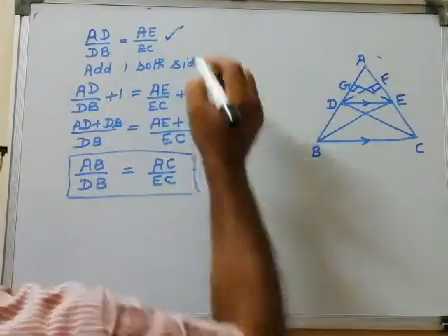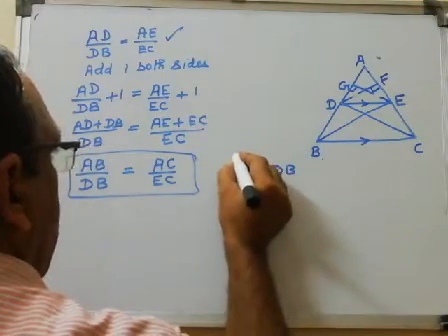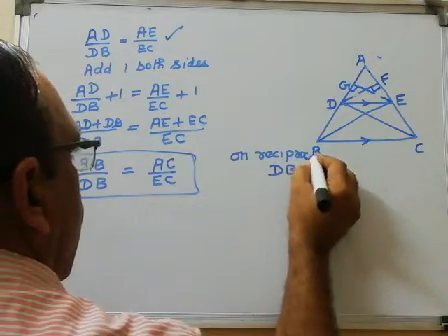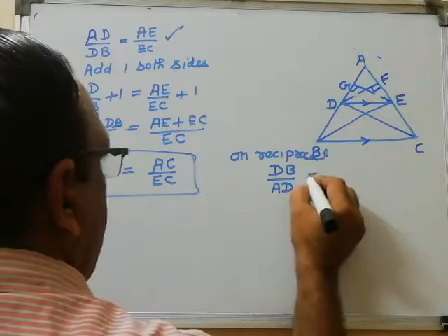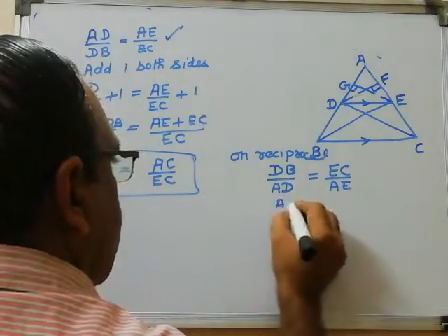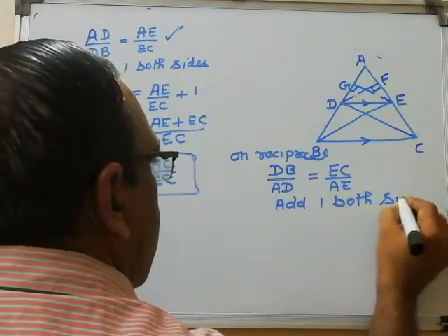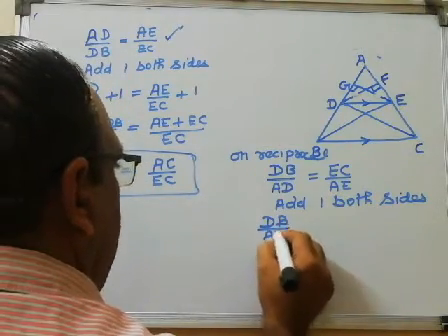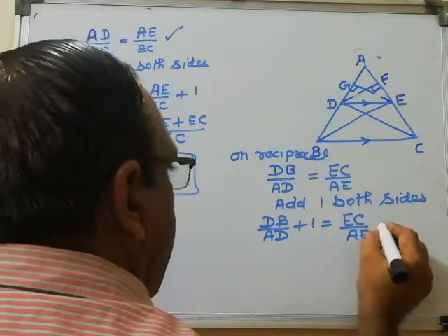Again, if you reciprocate, DB over AD equal to EC over AE. Again add 1 both sides. DB over AD plus 1, EC over AE plus 1.